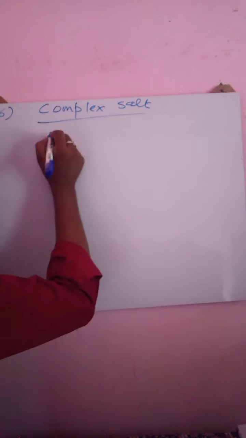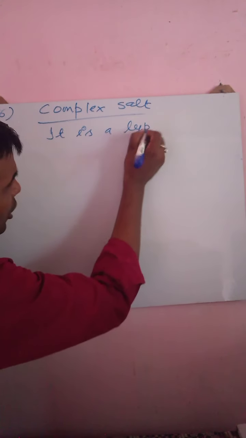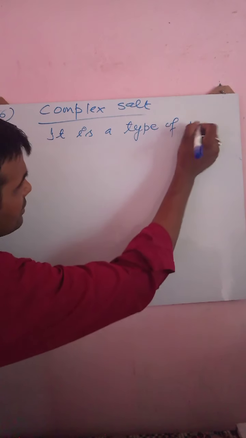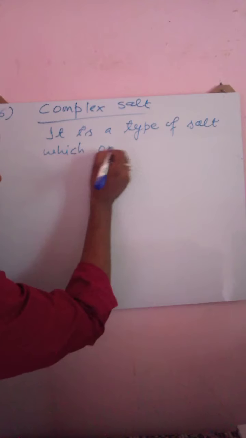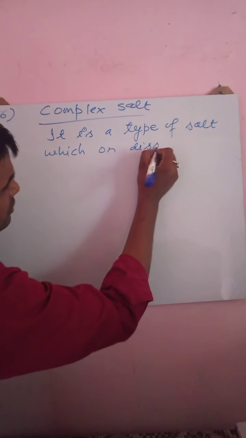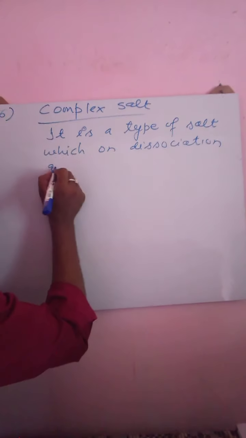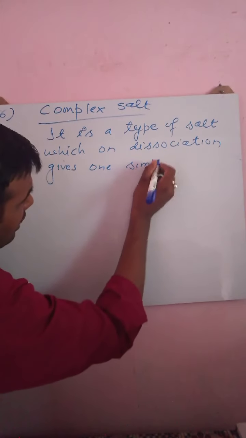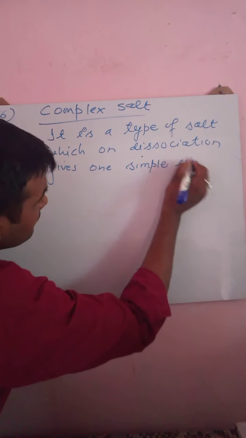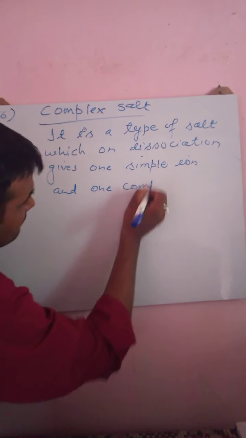It is a type of salt which on dissociation gives one simple ion and one complex ion.